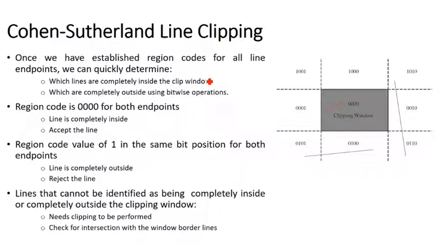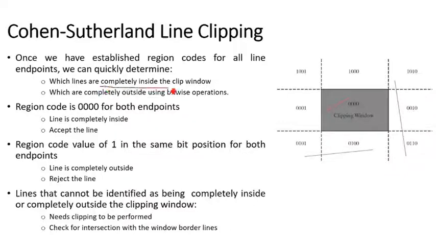First, if I know the outcodes of the endpoints, I can easily decide if my line is completely inside the clip window, or I can easily decide if my line is completely outside the clipping window. Now, how do we do this? We do this using certain bitwise operators. Let's look at what happens.